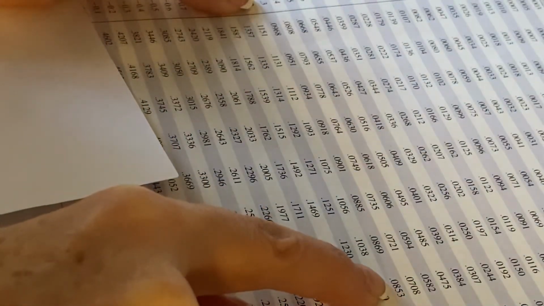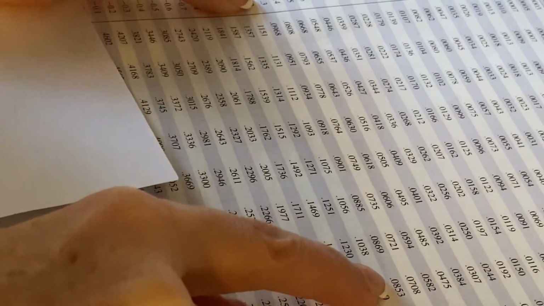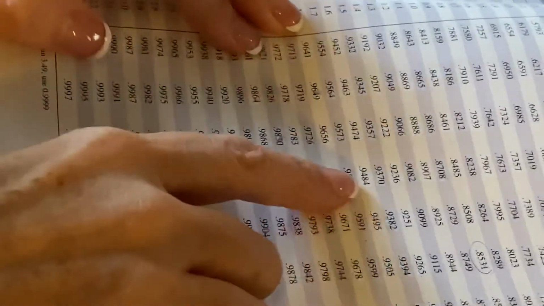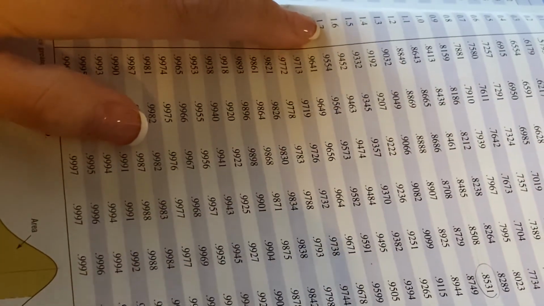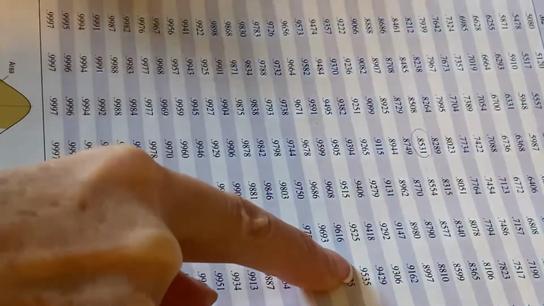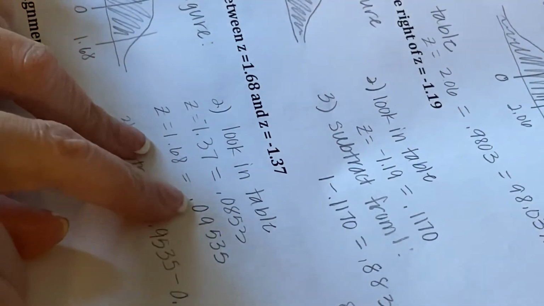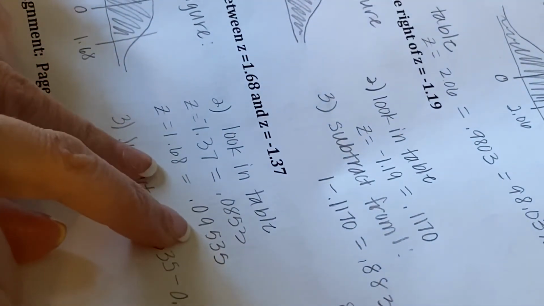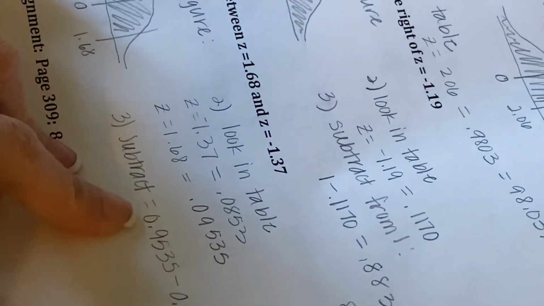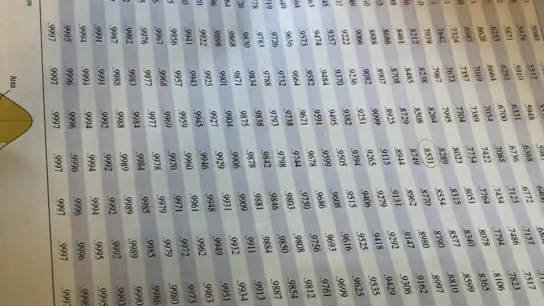And then I look for 1.68, and 1.68 is over here, and I'm at 0.9535. Oh, sorry, you can't see that. So then I write those two down. The negative 1.37 was 0.0853. 1.68 was 0.9535.